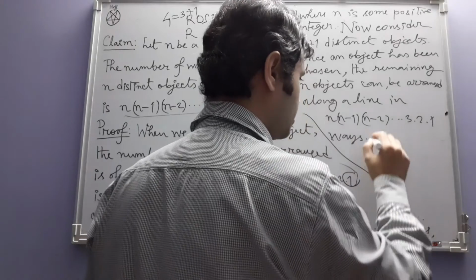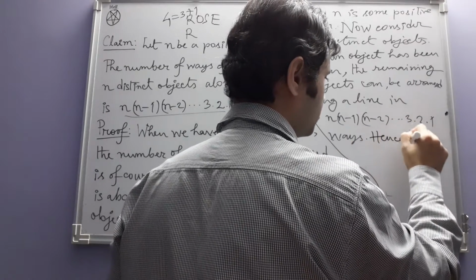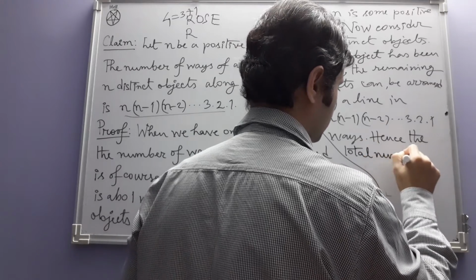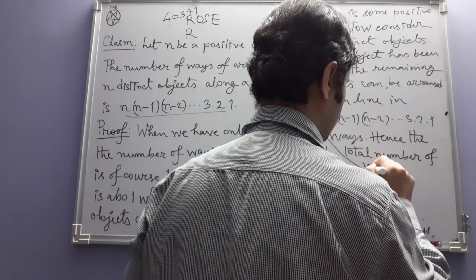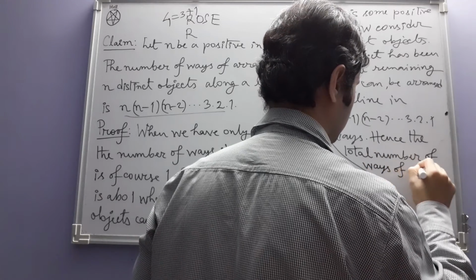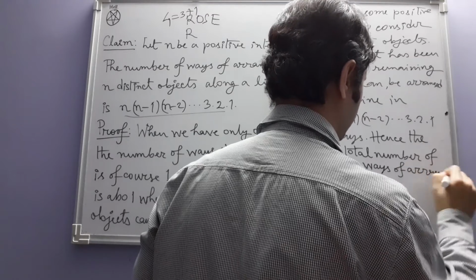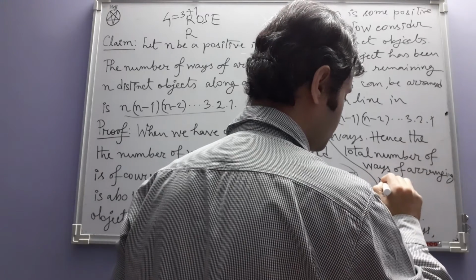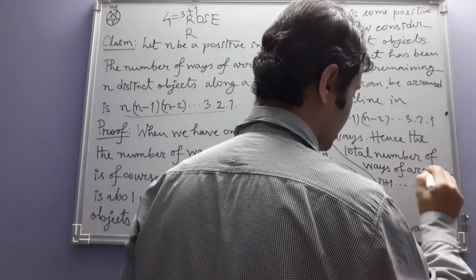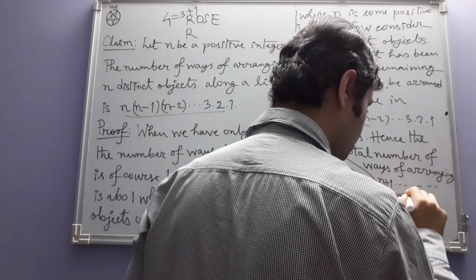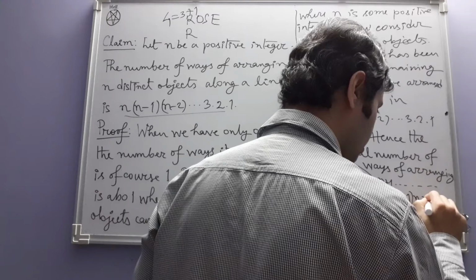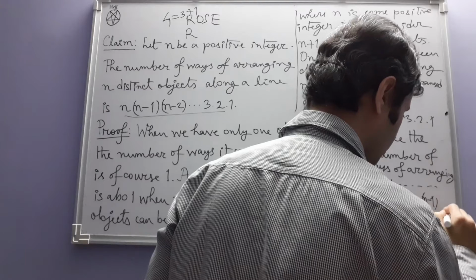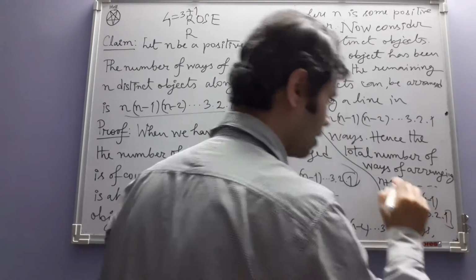So hence the total number of ways of arranging, and you can understand what I am supposed to write here, arranging n plus 1 distinct objects along a line is n plus 1 times n times n minus 1 times n minus 2 and so on, that means n plus 1 times this number.